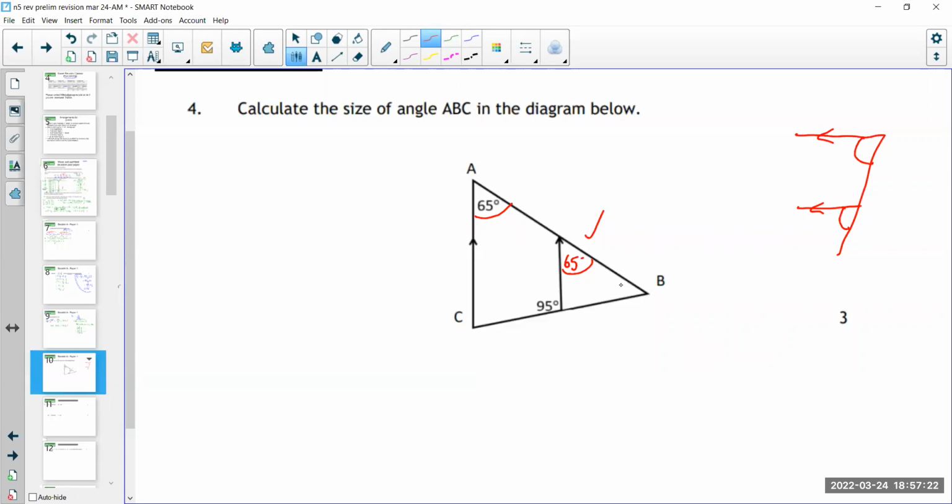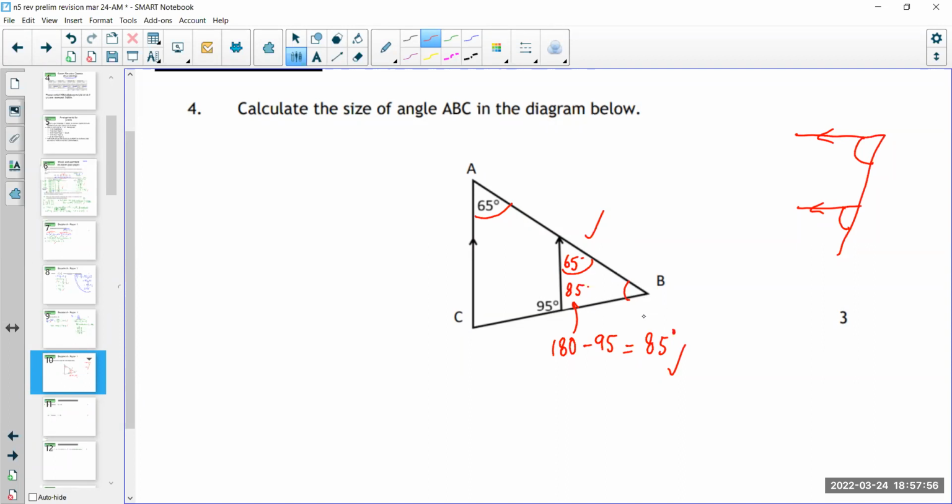Now, because we're looking for this angle here, I've got here a straight line. If this is 95, here, what you've got left is 180 minus 95, and that is 85 degrees. And that would give you your second mark. 85, 65. What is so special about a triangle?